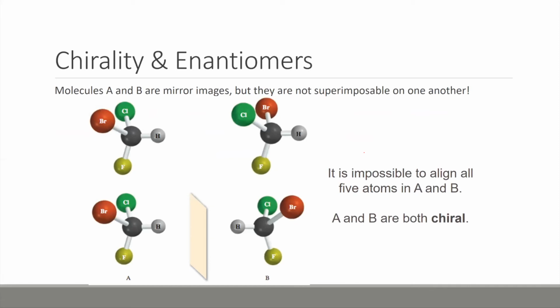So here we see molecules A and B are mirror images, but they are not superimposable on one another. So they are chiral.